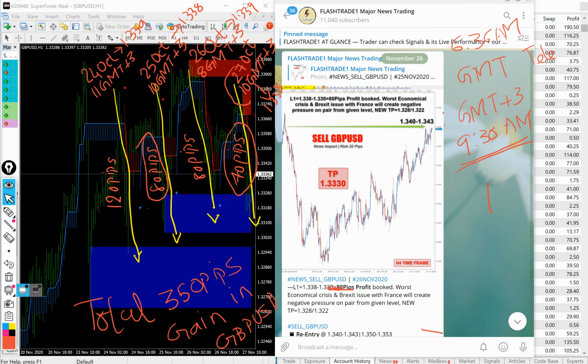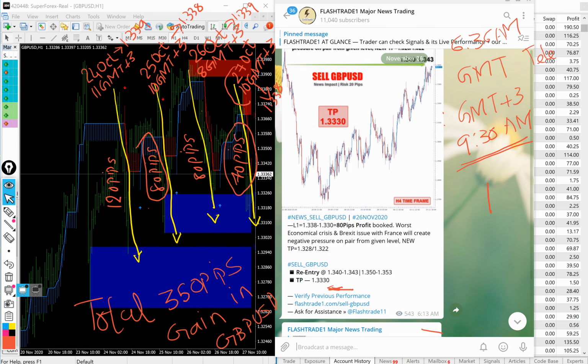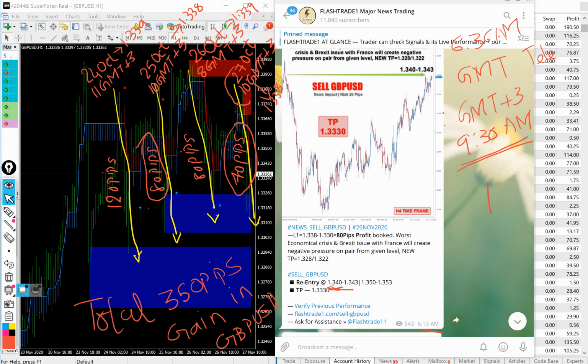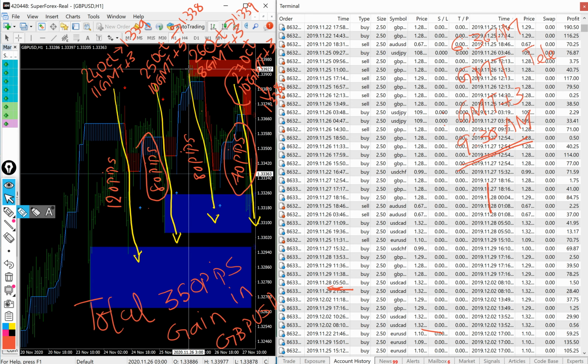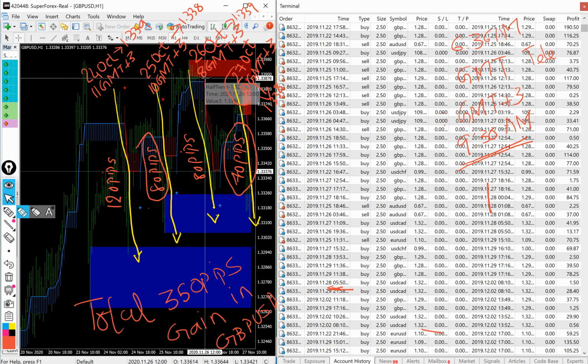Now I'll move into the trade of 26th November, where you can see that the signal was given at 6:13 AM GMT. As per GMT plus 3, the timing was 9:13. Now you can see here that at 3 GMT, at 8 GMT, and at 12 GMT, GBP USD traded high to 1.339.